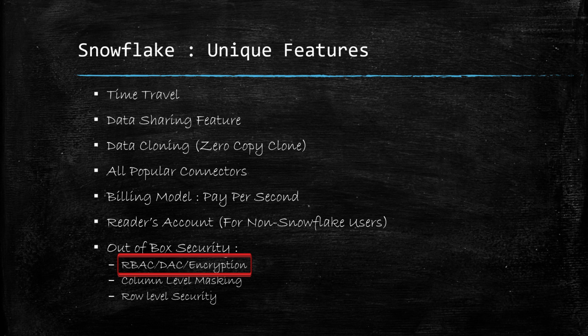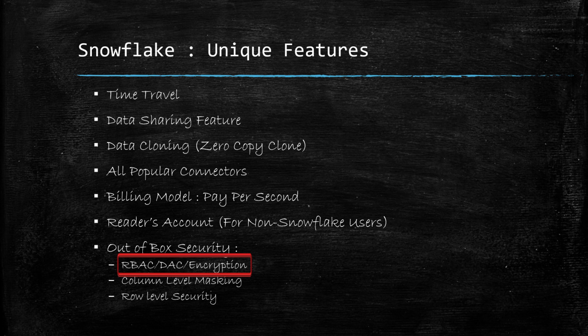Under this role, you can assign some users, and whatever privileges or accesses you are going to provide to this role will be inherited by the users you have added under that role. In contrast to this, DAC is discretionary access control, where each object has an owner, and the owner in turn grants access to the object to other users.